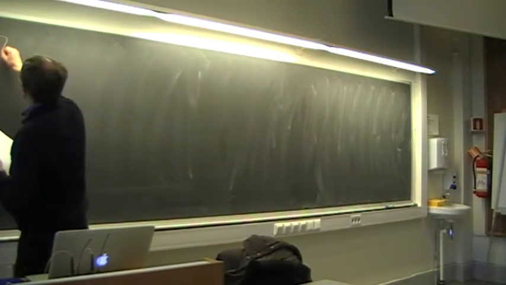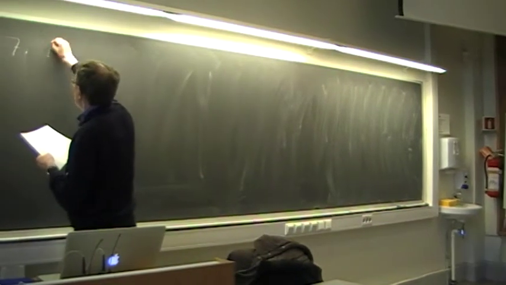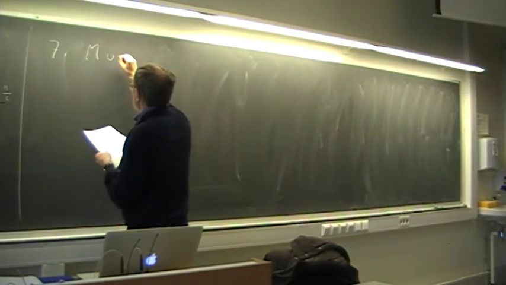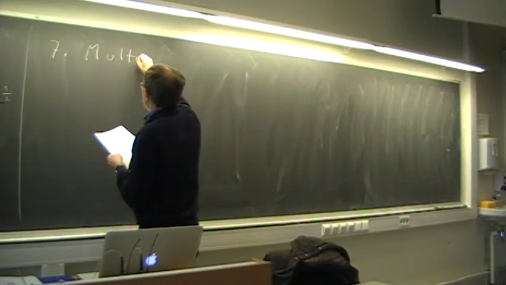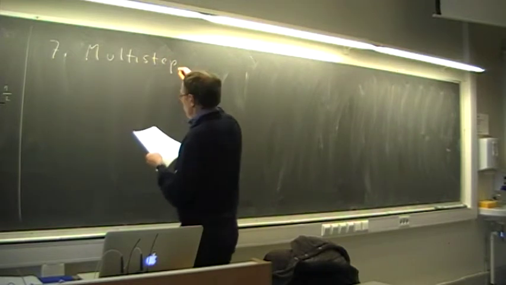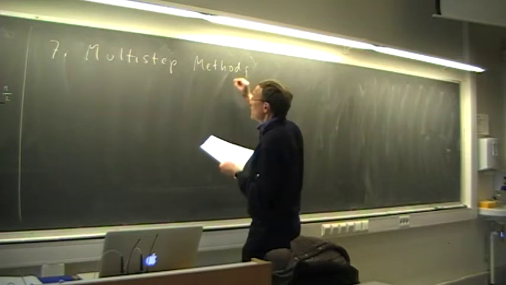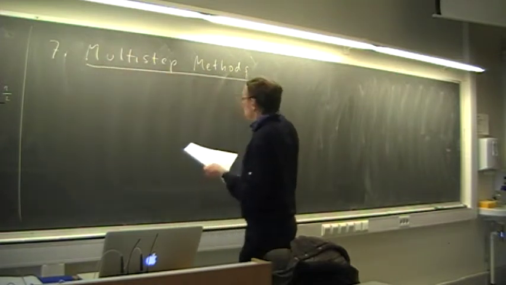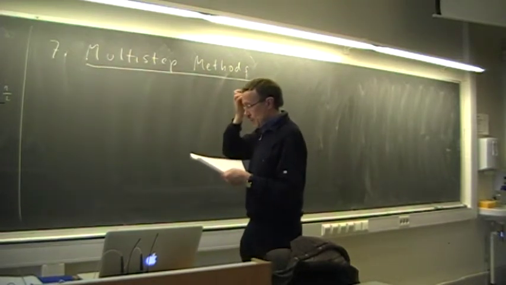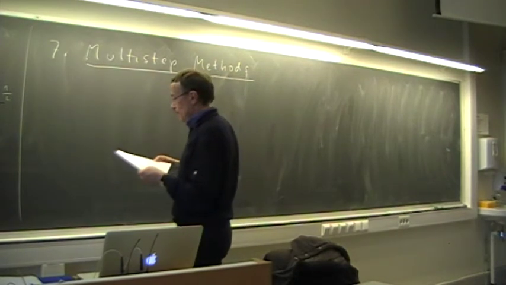But now, for this last part on ODE methods, I just want to give you an idea of multi-step methods. We have already seen one, that is the BDF2, but now we want to see others.